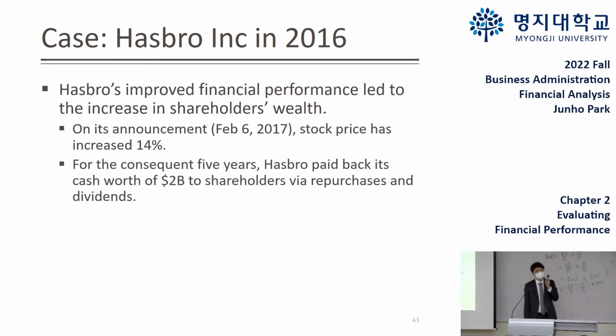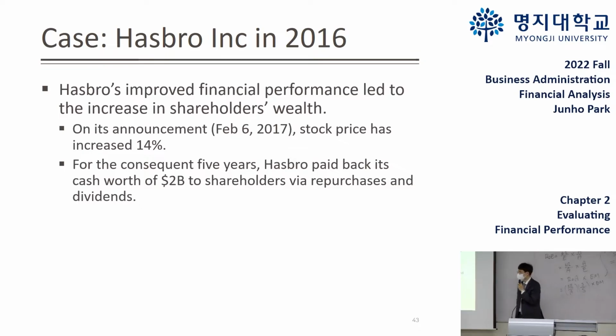And for the next 5 years, Hasbro earned a lot of money because its production and sales were very good, and because it had a lot of cash, it was able to redistribute the cash to the shareholders through stock repurchases and dividends.